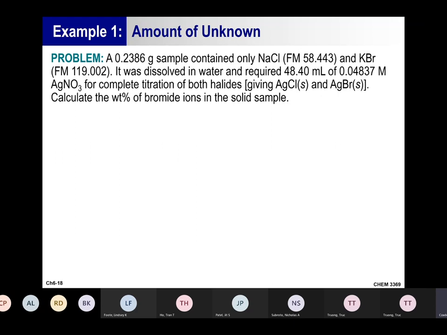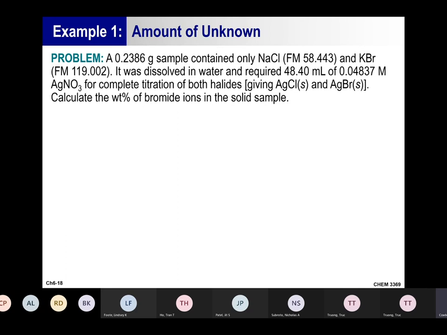The sample was dissolved in water, and it required 48.40 milliliters of 0.04837 molar silver nitrate for complete titration of both halides, okay? The precipitates formed in this reaction are silver chloride and silver bromide, okay?